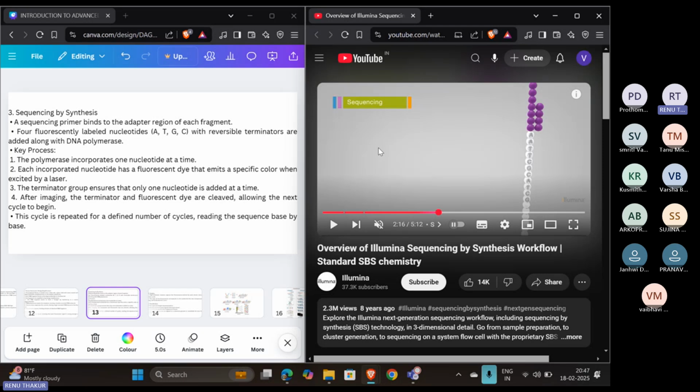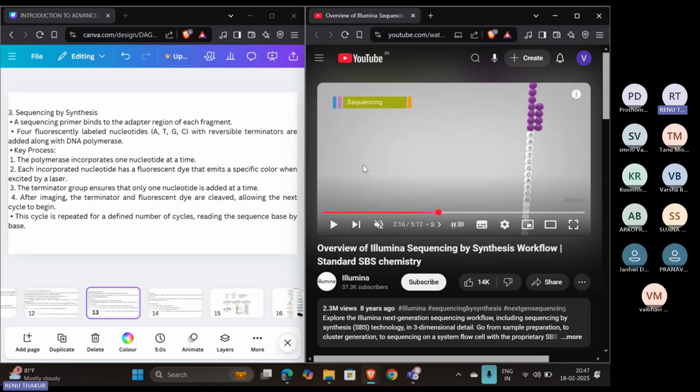So to detect which nucleotide has bound by the way it's emitting light, right? So that is one. Reversible terminators are added to ensure that DNA polymerase is incorporating only one single nucleotide at a time. These are all fluorescent nucleotides, right?